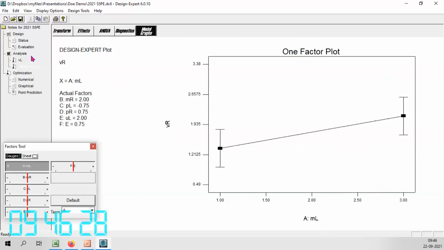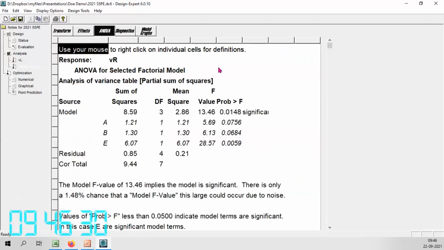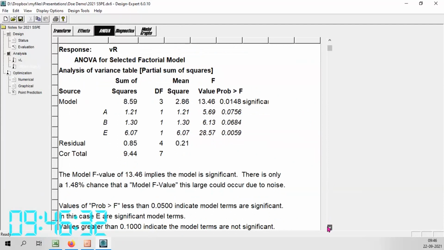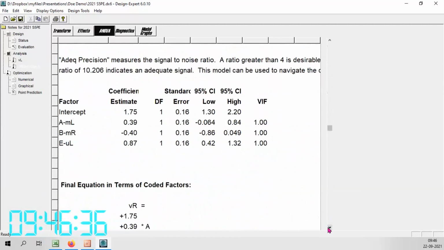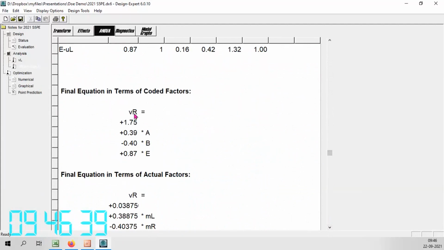So now we have determined a model and also variance. There are mathematical equations to predict the response. So velocity of the right ball equals 1.75 plus 0.39 A minus 0.4 into B plus 0.7 into E.